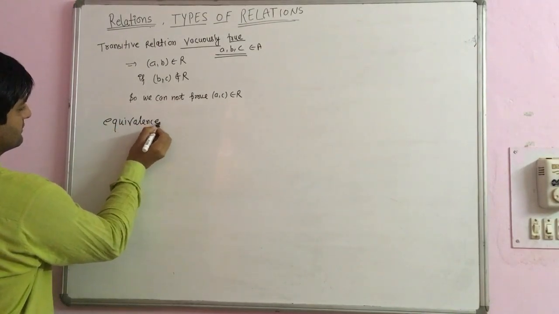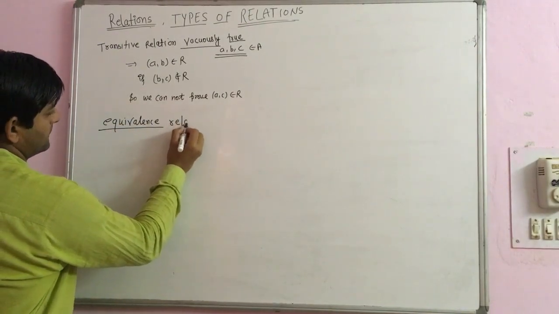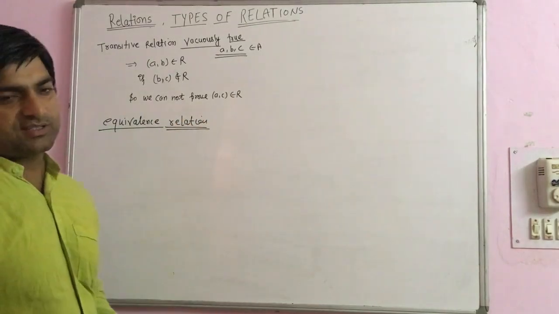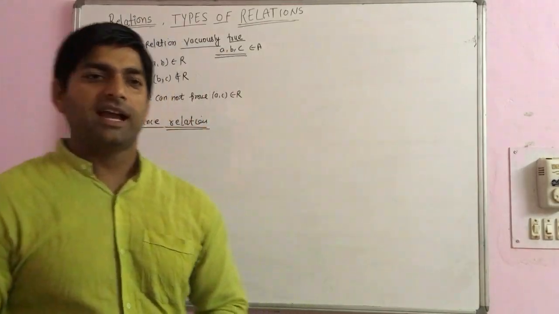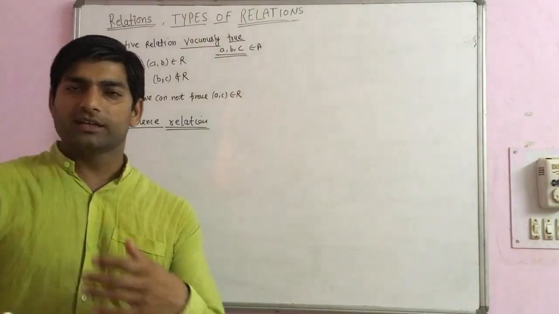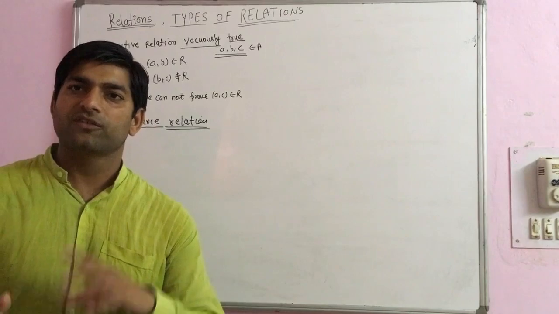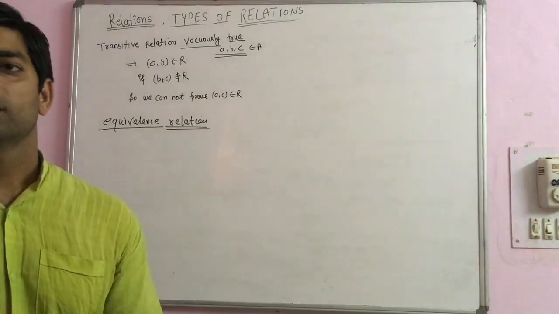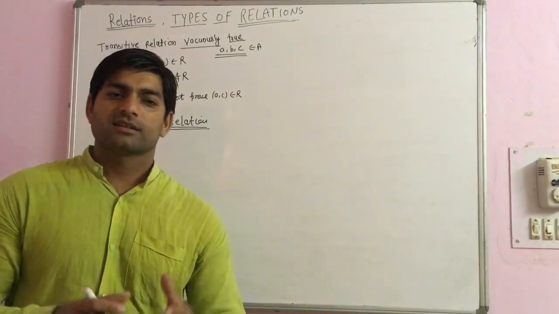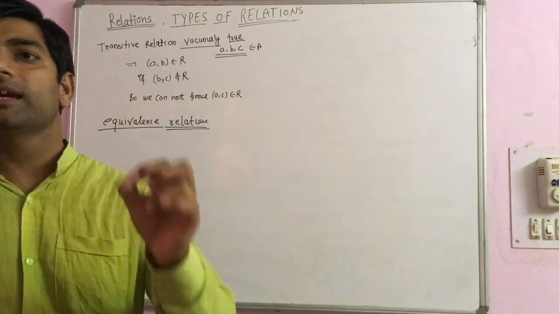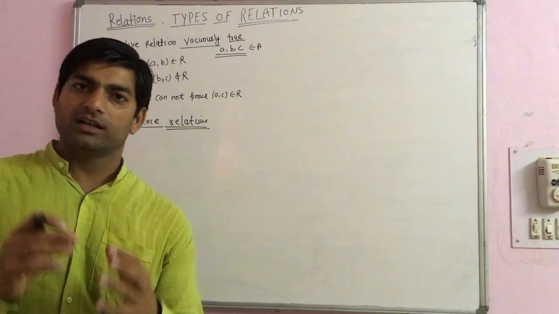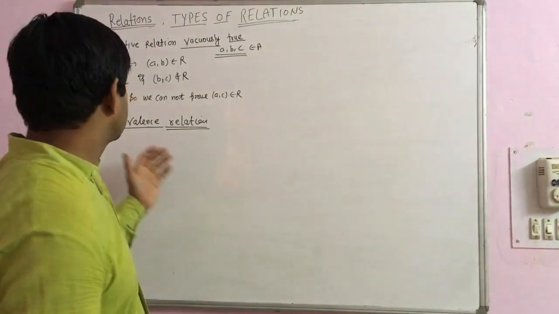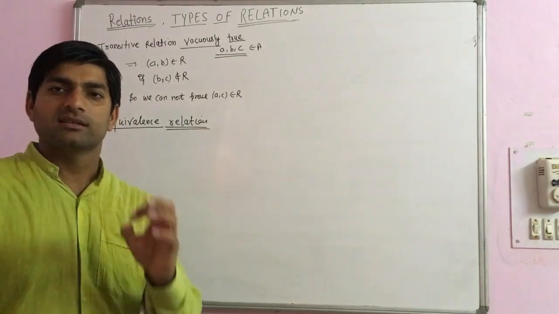Now coming to the very important topic, which is equivalence relation. It is again a very important topic, and it is nothing new. It came from reflexive, symmetric and transitive also. So if a relation is reflexive, symmetric and transitive, if a relation satisfies all the three types of relations, then it is said to be an equivalence relation.